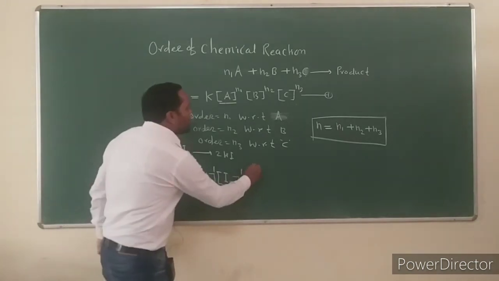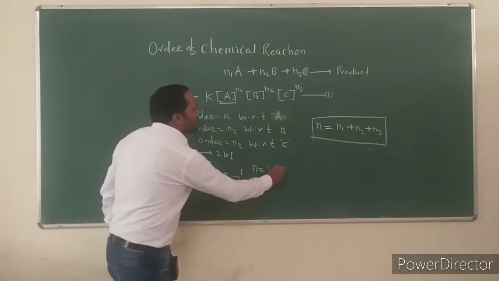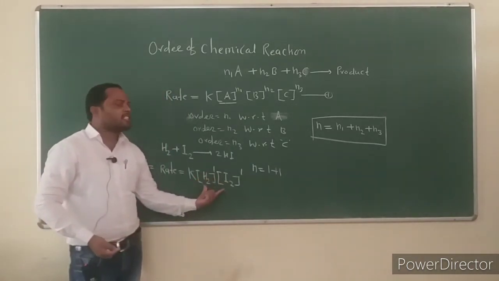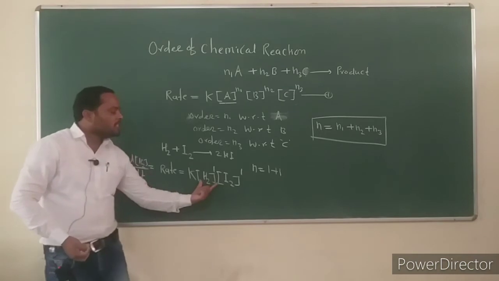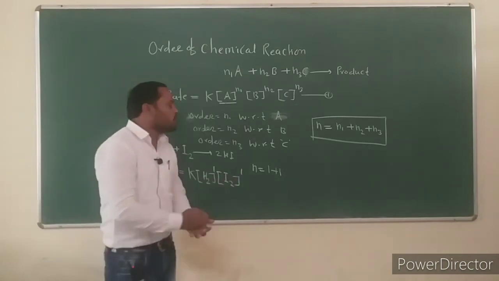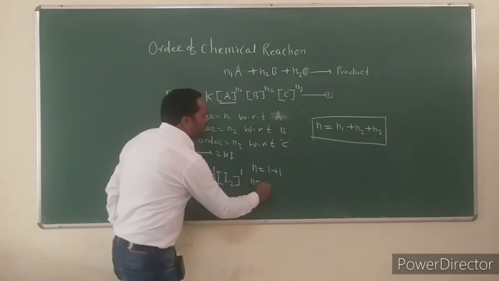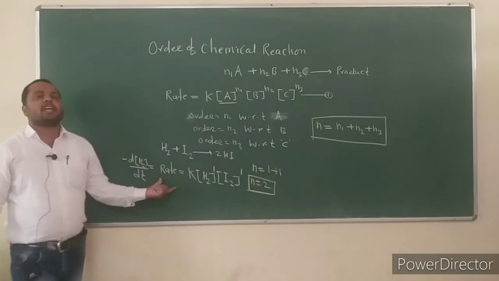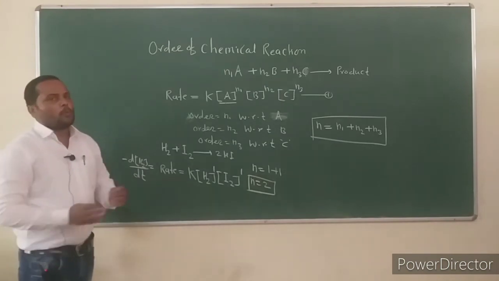The overall order is the sum of the powers of concentration of the reactants involved in the rate equation. These are the two reactants involved in the rate equation. 1 plus 1, so the order of the given chemical reaction is 2.